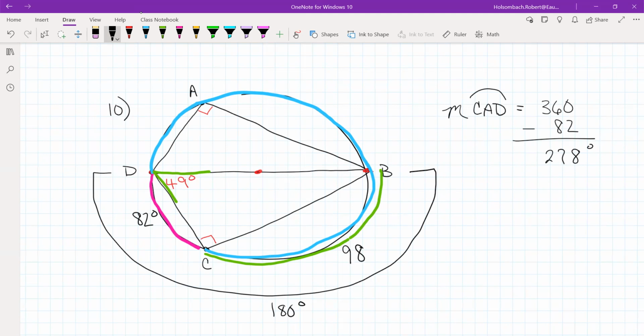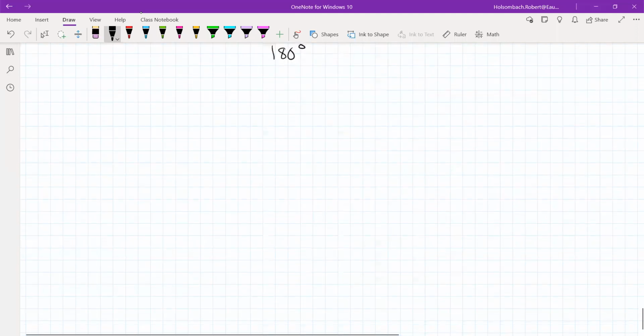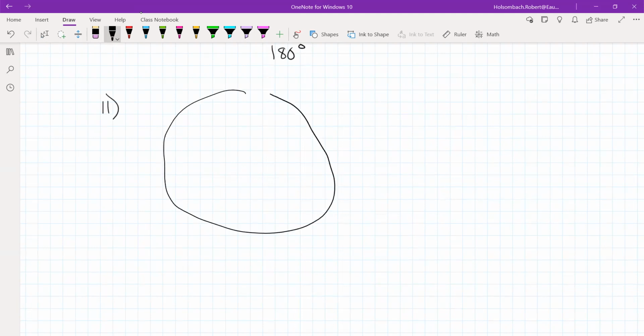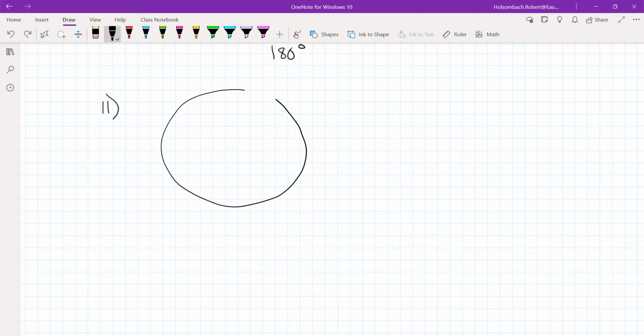All right, we got 2 problems left. Problem number 11. Circle O. We've got a chord across the top of this circle, AB.